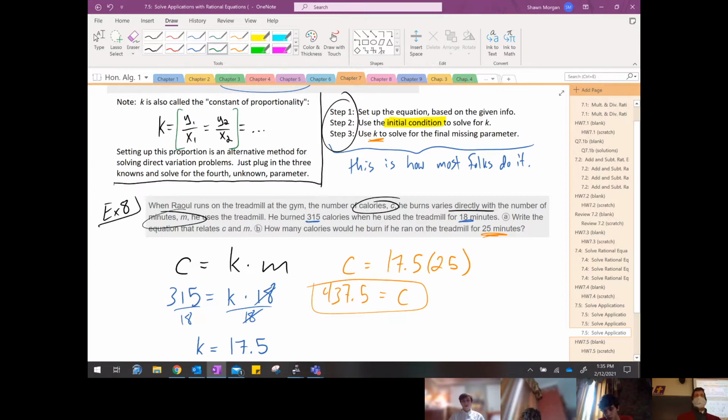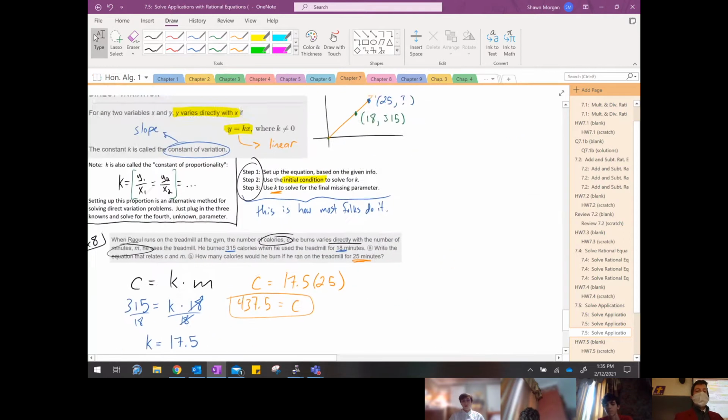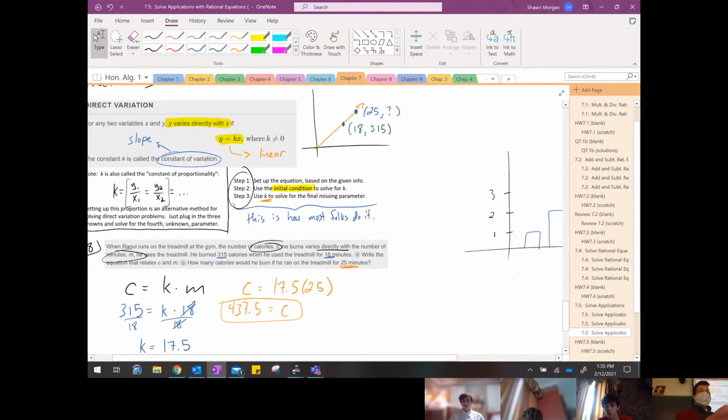All right. So knowing how direct variation works, we can then answer further questions. Like I'm going to give you a further question right now. You guys will chew on this. How much would Raul have to run? Let me continue my little orange line right here. How much would Raul have to run?